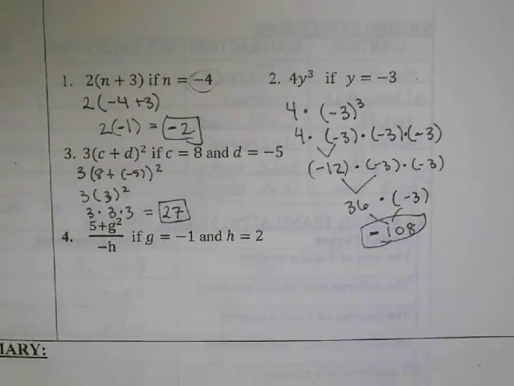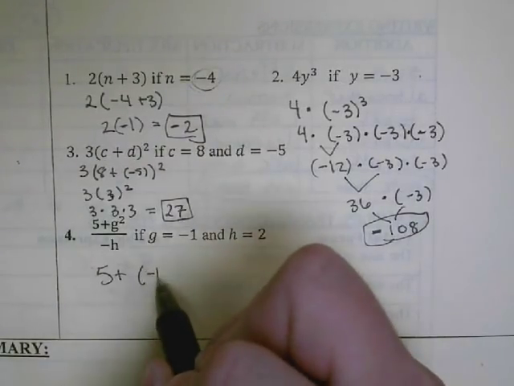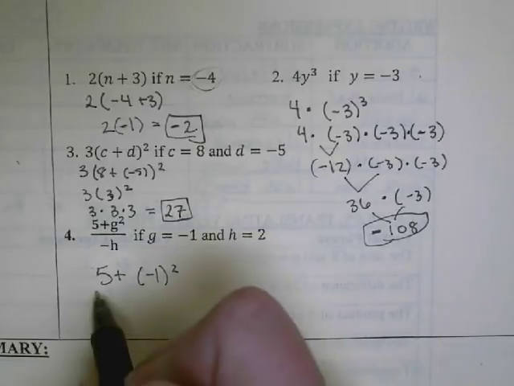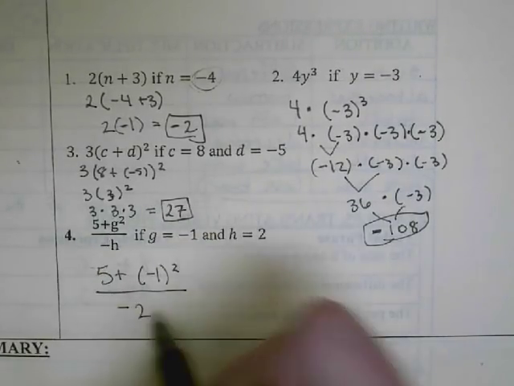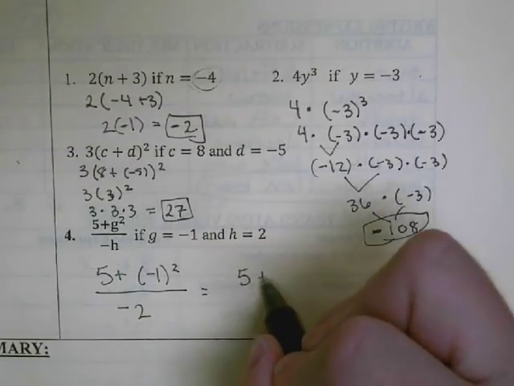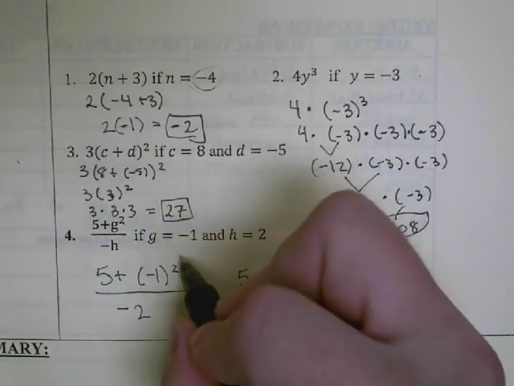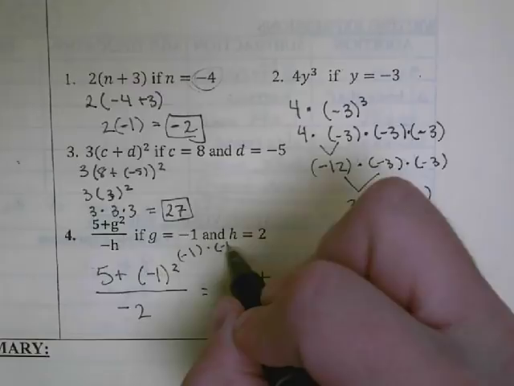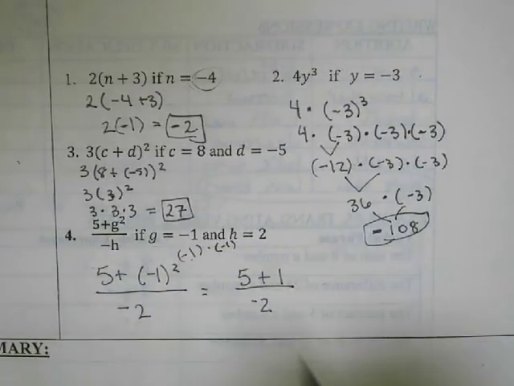One more problem, then we're done. So we'll have 5 plus negative 1 to that second power divided by a negative, coming from right here in front of that 2, is equal to, well, we'll have 5 plus, this would be negative 1 to the second power, exponents coming first, so we have negative 1 times negative 1, so that'd be a positive 1, so there's our positive 1, divided by negative 2.